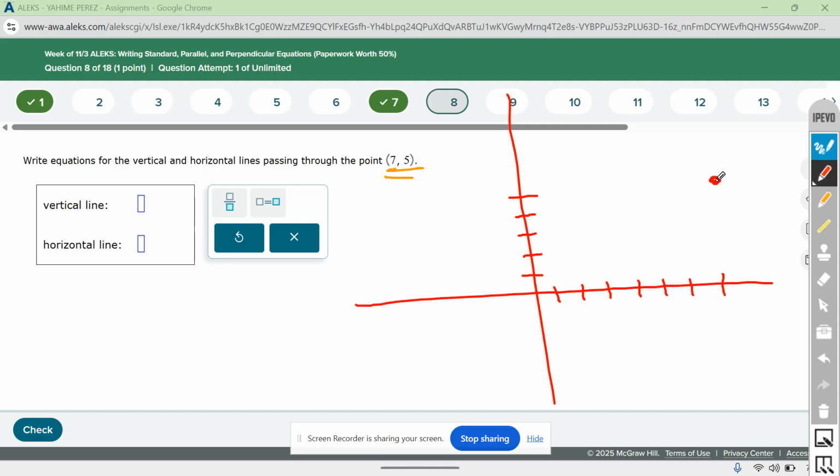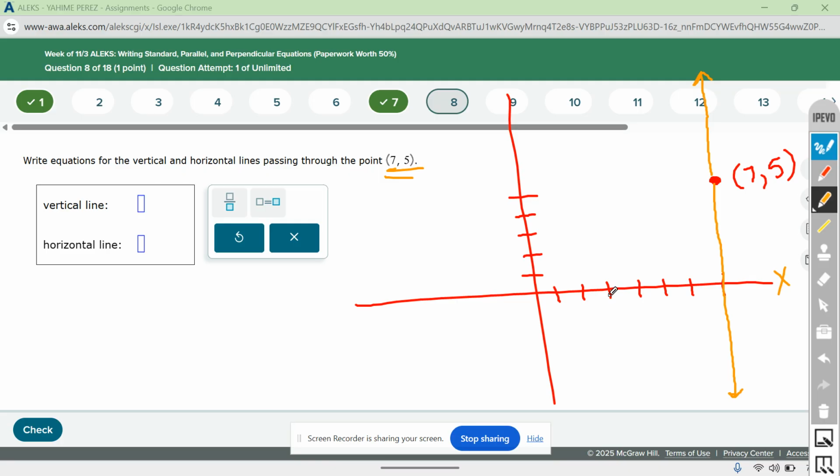So if I have this point 7,5, and I put a vertical line through it, right? If you don't remember what vertical is, think of a basketball player checking their vertical jump, right? Vertical is up and down.